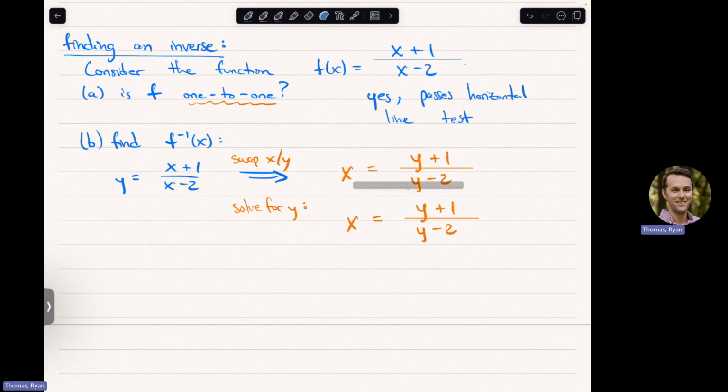This thing is a fraction. I'm trying to get y by itself. The first thing I'm going to do then is clear it out of the denominator. So let's multiply both sides by y minus 2. Those cancel. So y minus 2 times x equals y plus 1.